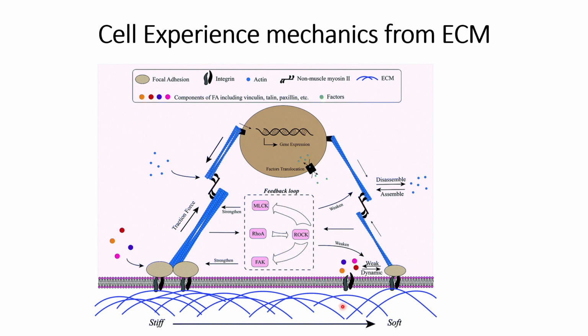Whereas when there is a soft ECM, a weak dynamic force occurs, or weak interactions occur between the adhesions and the extracellular matrix, and that will lead to weak feedback loop activations, and thereby the adhesion formations are not that strong as the traction forces are low.